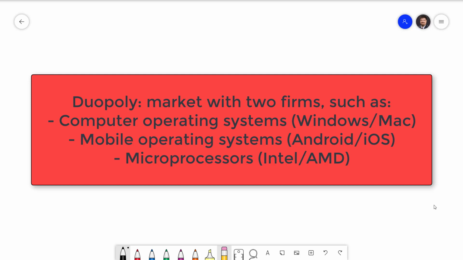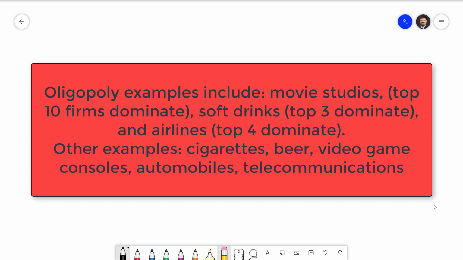There are many examples of duopolies we can look at in real life, or at least markets that are very close to duopolies. This includes operating systems with Windows and Mac, mobile phone operating systems with Android and iOS, and microprocessors, which are dominated by Intel and AMD. Some examples of oligopolies that are not duopolies would be movie studios.